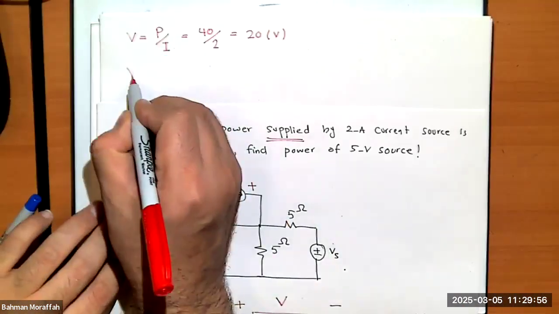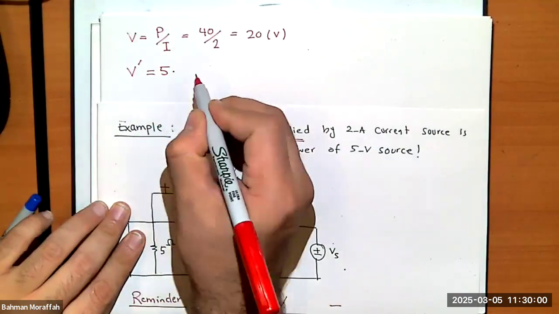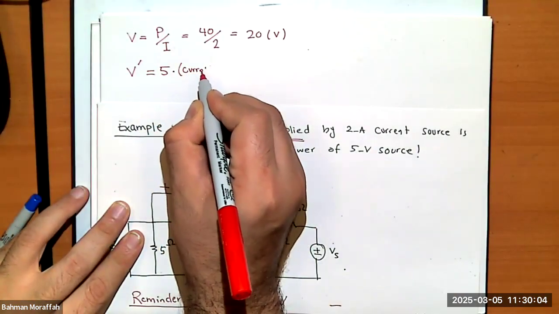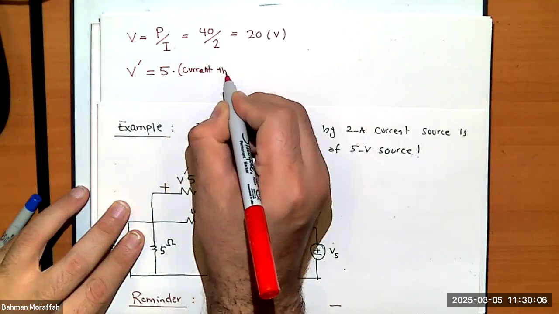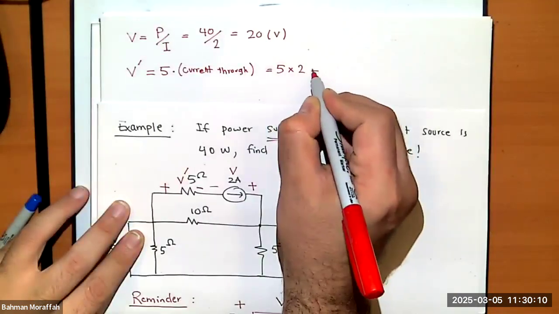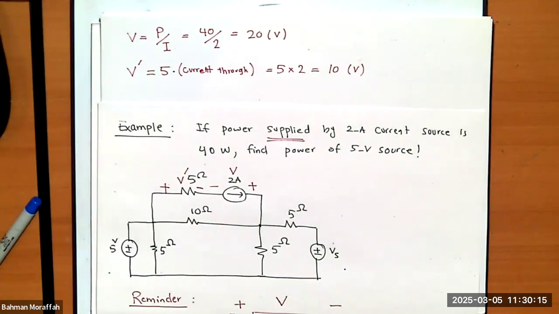So V prime is 5 times current through it, which is 5 times 2, which is 10 volts. Right?